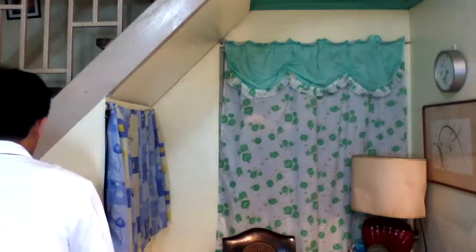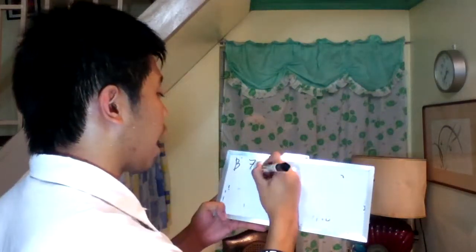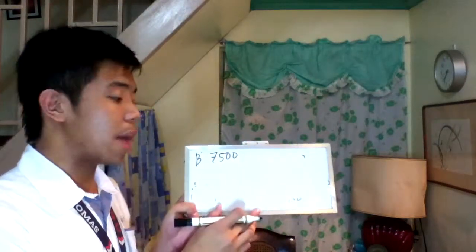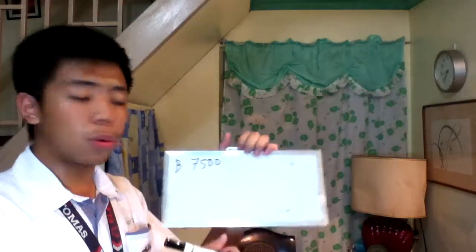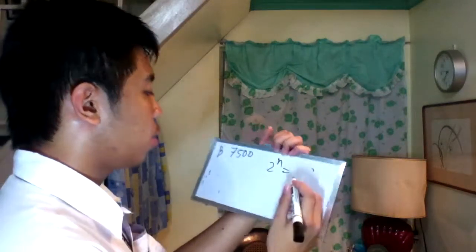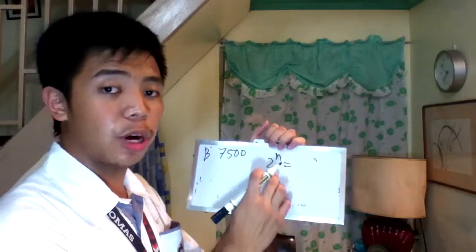So, for the next subnet, which is subnet B, we need to find the network address for 7,500 host IP addresses. So, computing again, 2 raised to n would be the number of bits for the host portion.